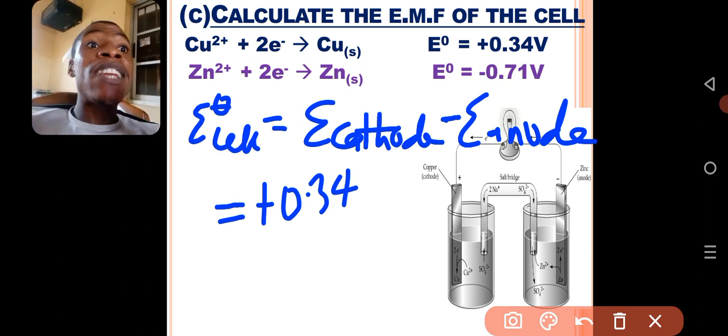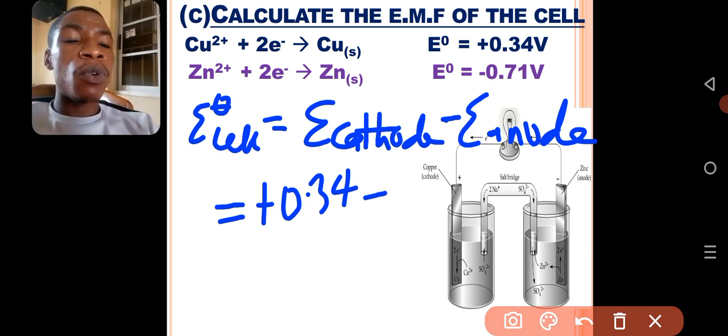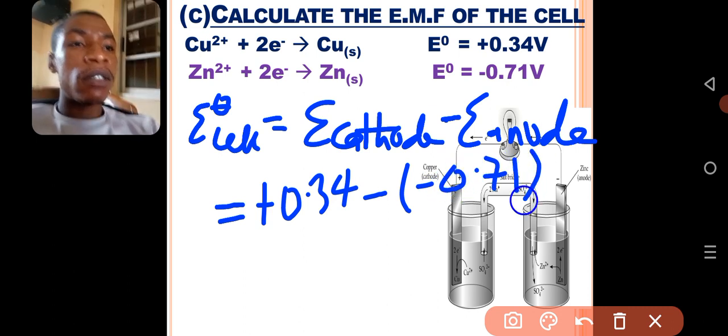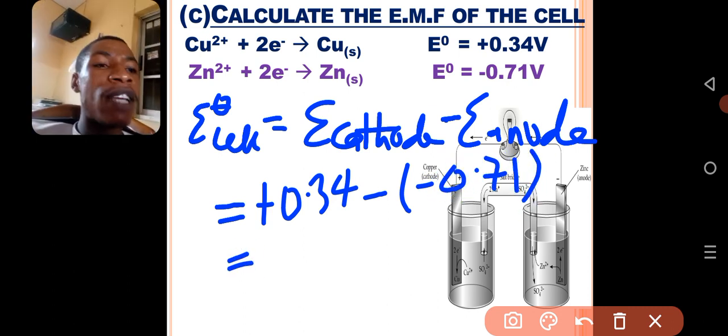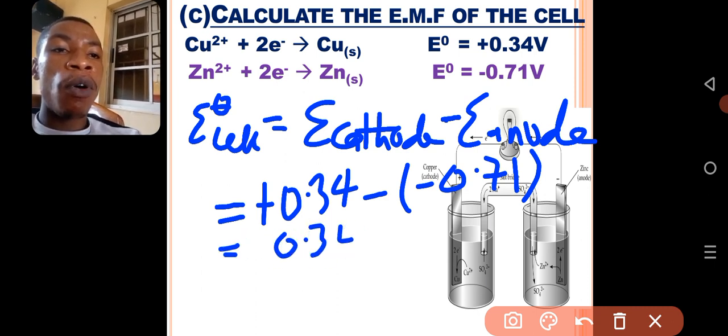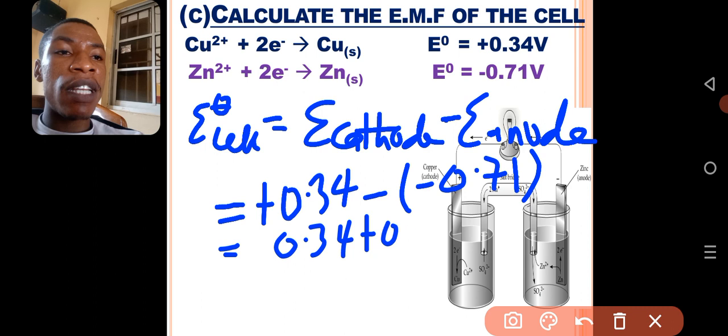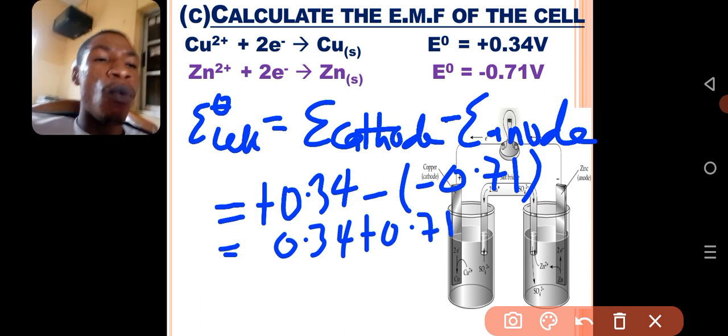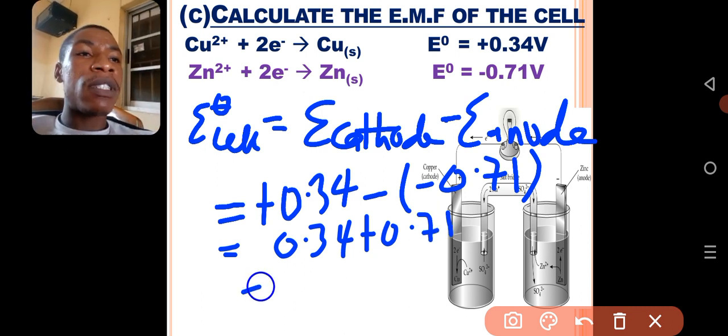Our anode is minus 0.71. So minus 0.71. So what would that give to us? That will give us 0.34 plus 0.71.